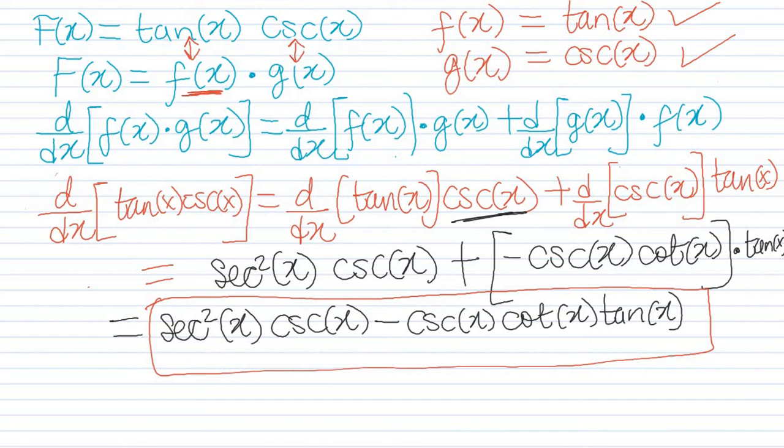And the best way to handle trig is for you to look at the trig information that you have, in this case our answer, and just play with the other trig expressions and the trig identities, mix them all up and simplify. We want a more simplified answer. And that's what we're going to do on the next page. So we have secant squared x. I'm rewriting what we had so we can simplify it.